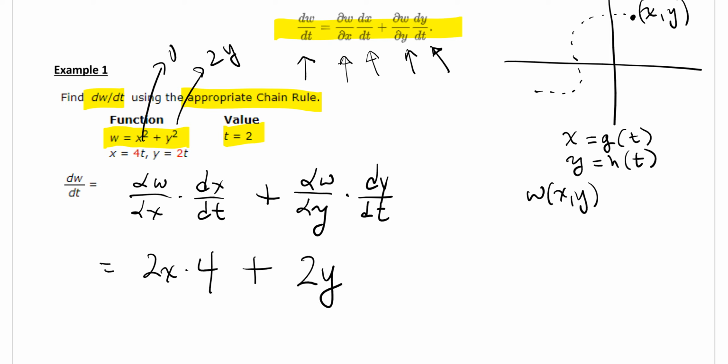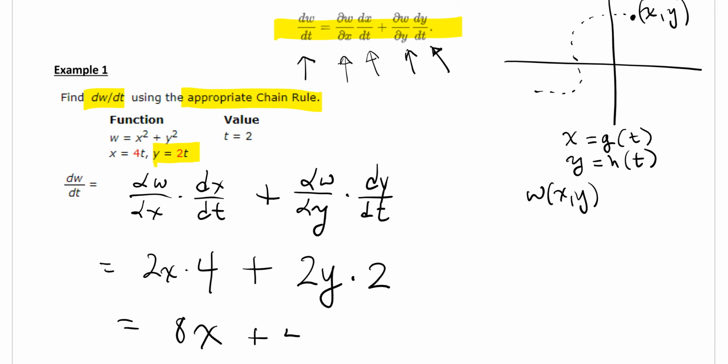So this is 2y times dy dt, and y equals 2t, so the old-fashioned, quote-unquote, derivative of y equals 2t is 2. So we have 8x plus 4y.